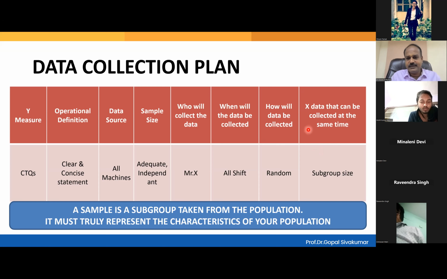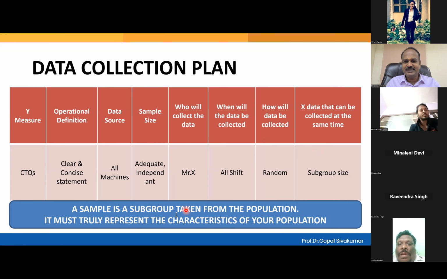What is population? Can somebody tell me what is population? Customers, sir. The number of types of people who are customers present in India. Total size of lot received. The products we produce. We want to understand the characteristics of the products we produce, isn't it?